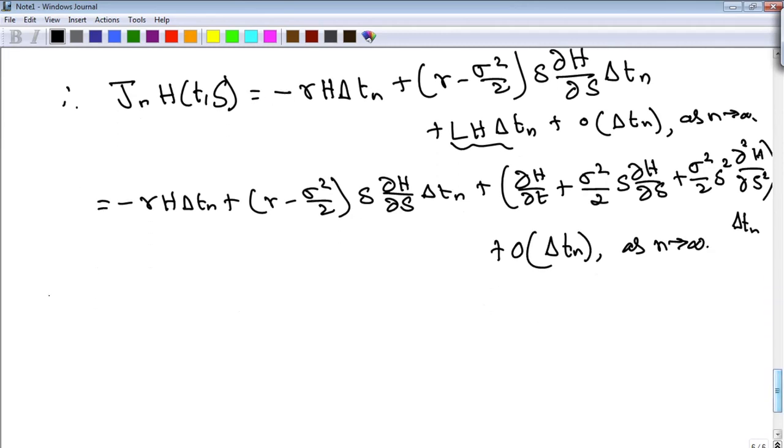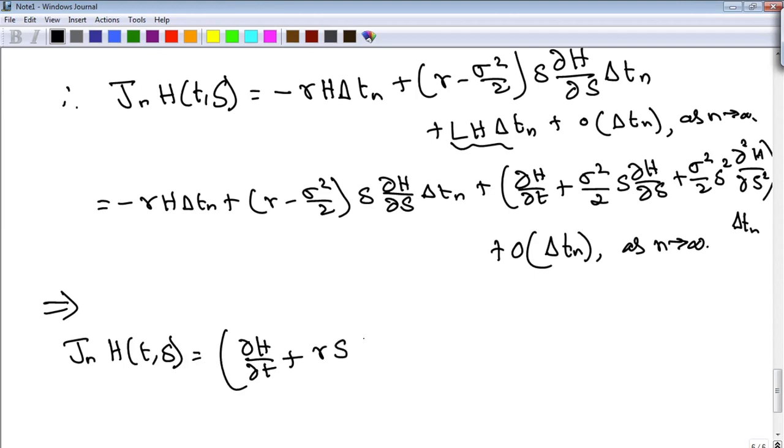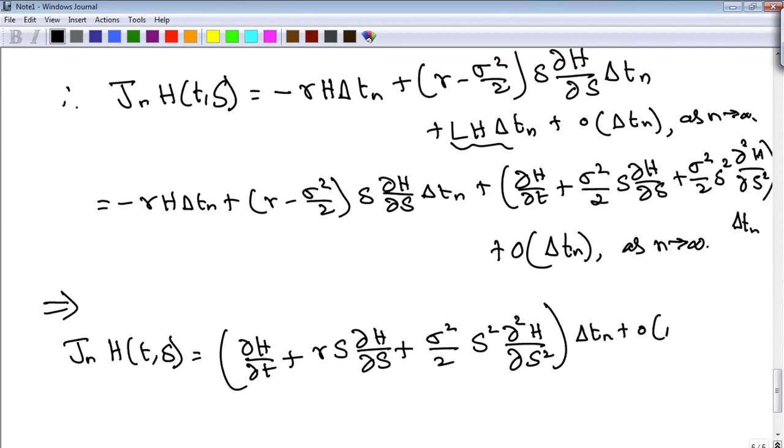And that further simplification gives us JnH of T comma S is equal to ∂H/∂T plus RS ∂H/∂S plus sigma square by 2 S square ∂²H/∂S² delta Tn plus small o of delta Tn as n tends to infinity.